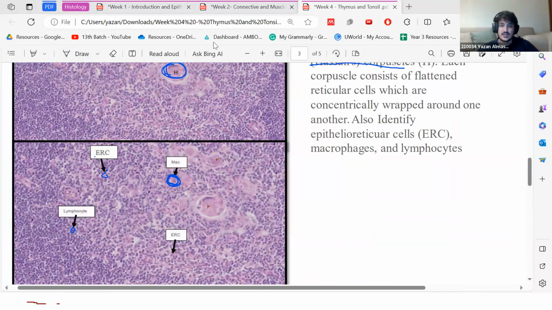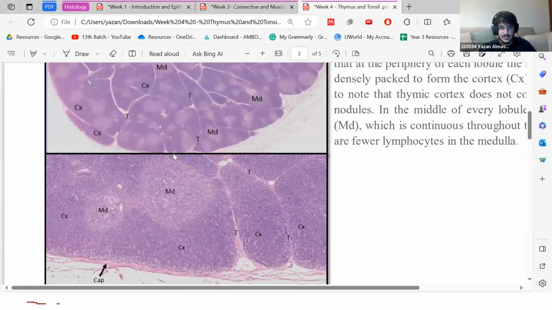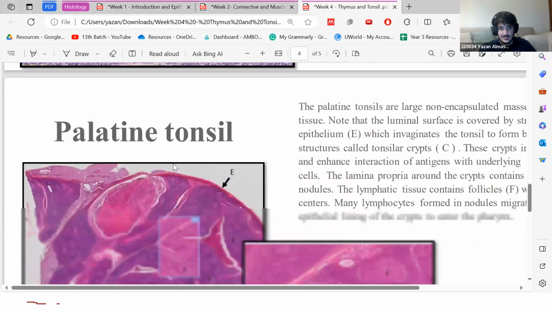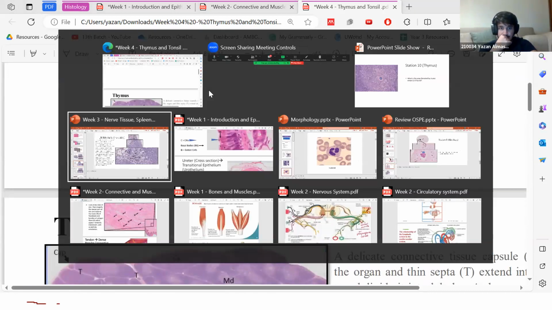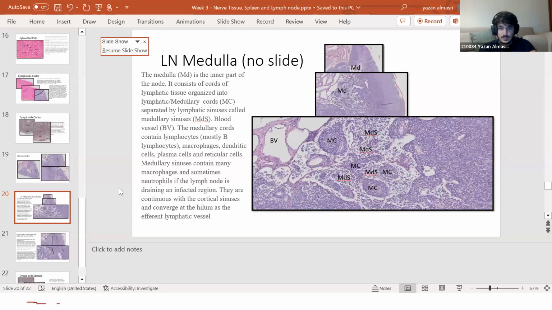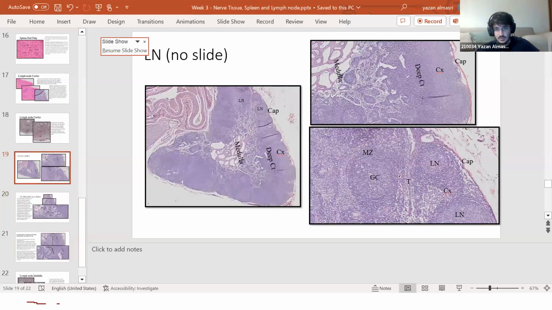How to differentiate between the germinal center and Hassall's corpuscle? That's simple. I'll show you how to differentiate. Hassall's corpuscle is literally just a small circle with like 2 dots, 2 nuclei on it. Germinal center, I'll show you. Sorry, just another image I'll pull out. Okay. Look how many nuclei are there. There's so many. So many dots, so many nuclei.